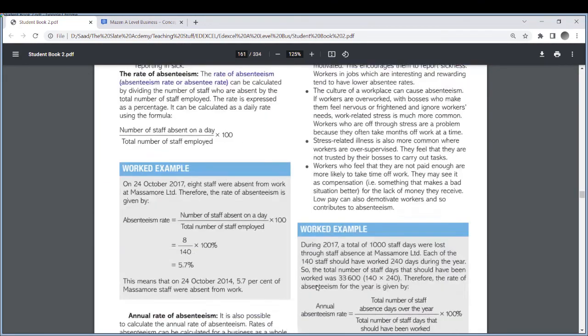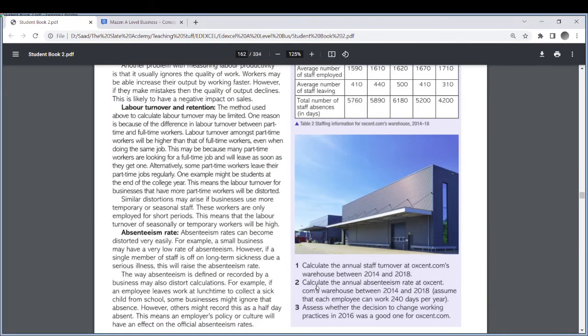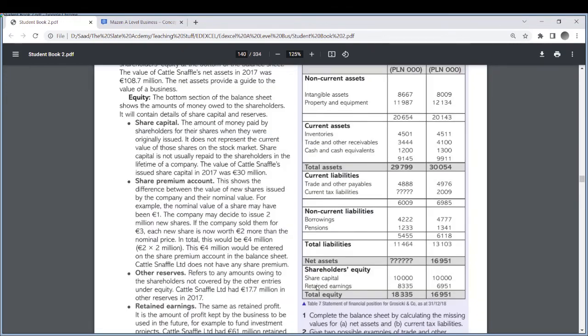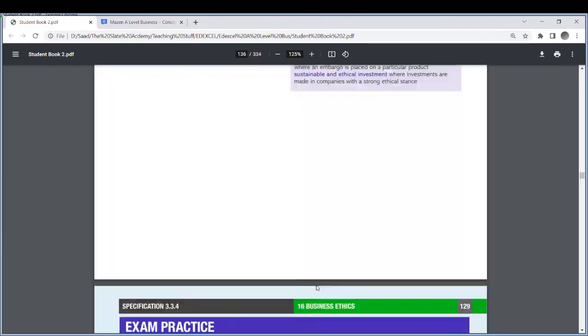So how do you get the non-current liabilities again? They're given. They're given in that chart.